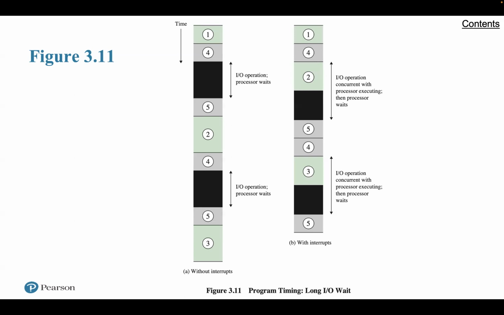When the preceding I/O operation is completed, this new write call may be processed and a new I/O operation may be started. So in this figure, we're trying to show the timing for the situation with and without the use of interrupts. You may see that there is still a gain in efficiency because part of the time during which the I/O operation is underway overlaps with the execution of the user instructions.